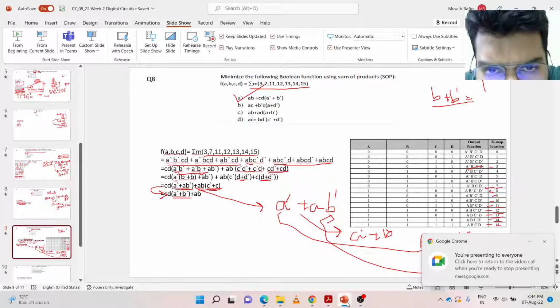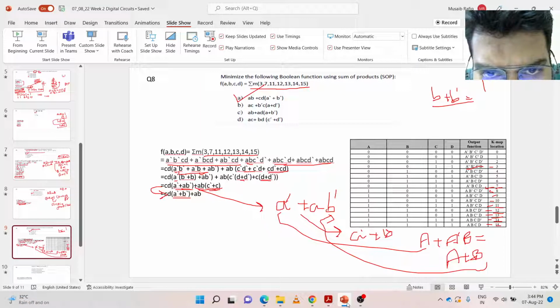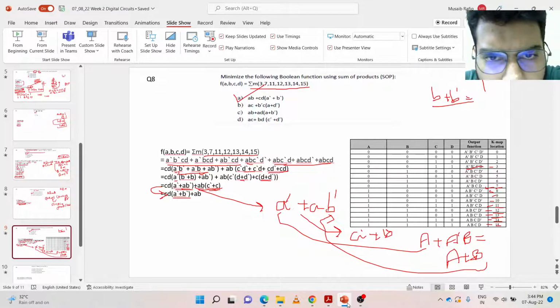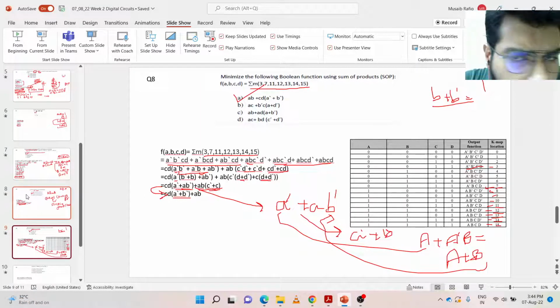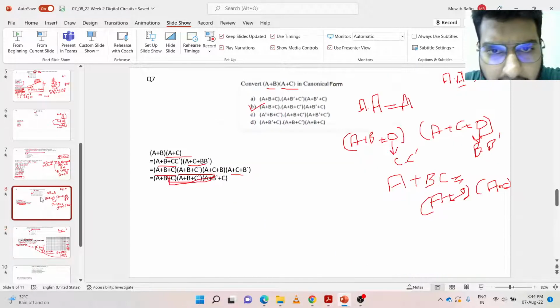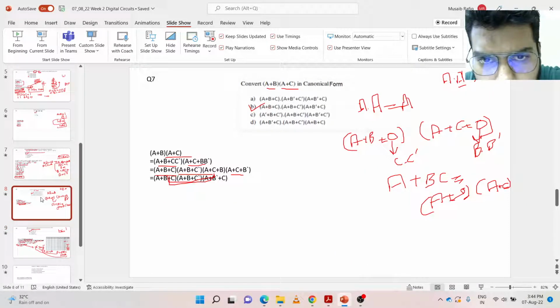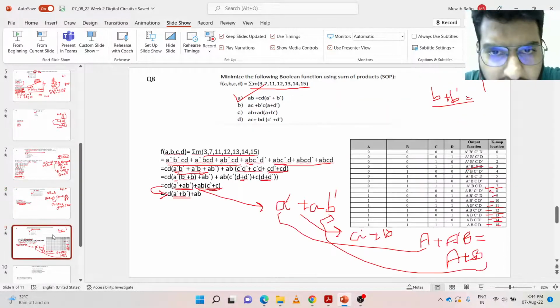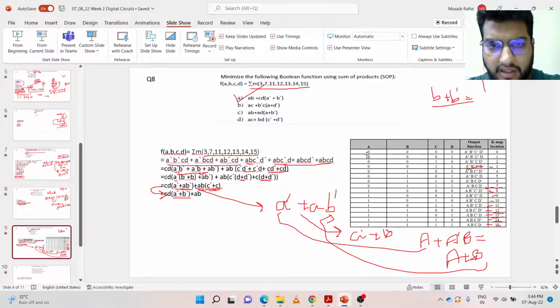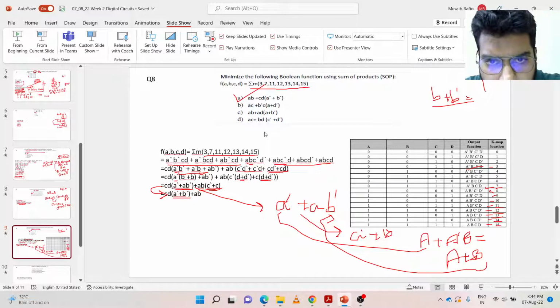No, I think they are different. Maybe for the previous part you are saying. No, they are different. And just check it. B and D are different. And option A is our correct option.